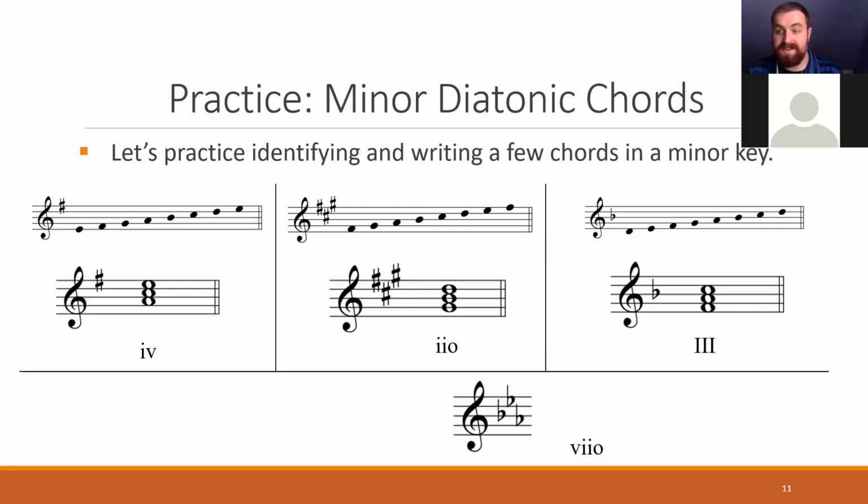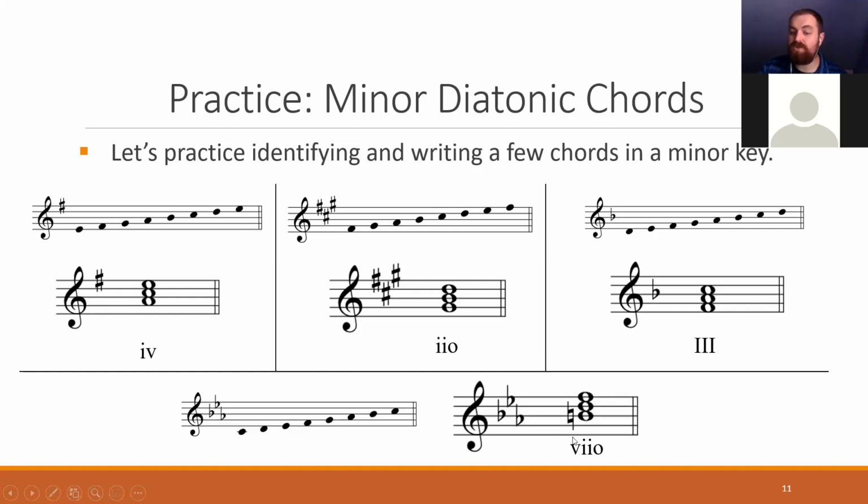Great question. Indeed, this is kind of a trick question. It should be B flat, but because it's diminished, we know that it's been raised. B natural is the root of this chord. And then from there, B natural, and then D and F.